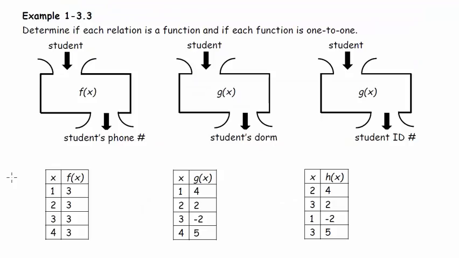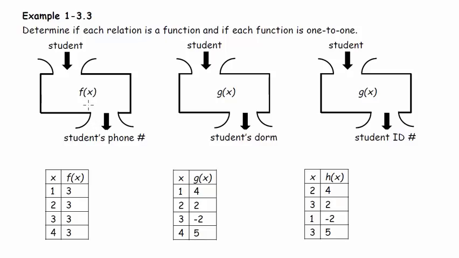All right, so we're going to look at a couple examples here with various representations and decide, are these functions, and if so, is it one-to-one? My first one, my input is the student and the output is a student's phone number.